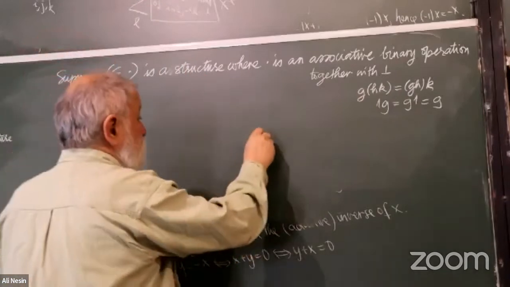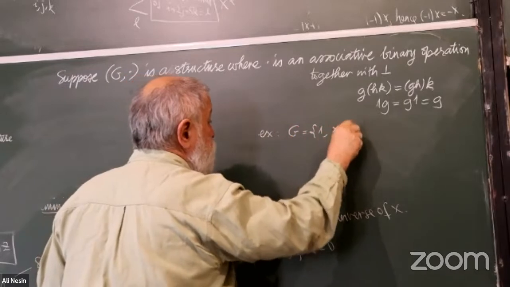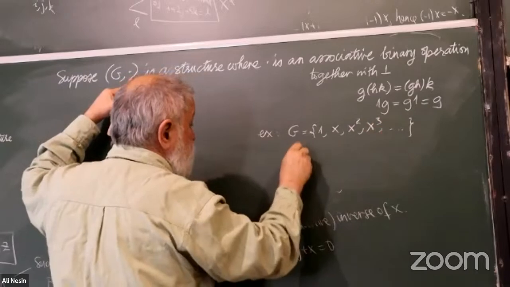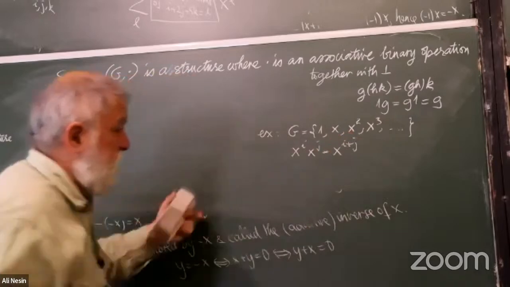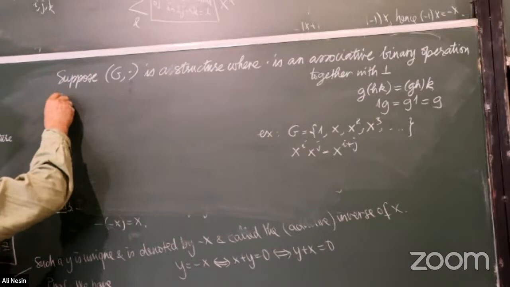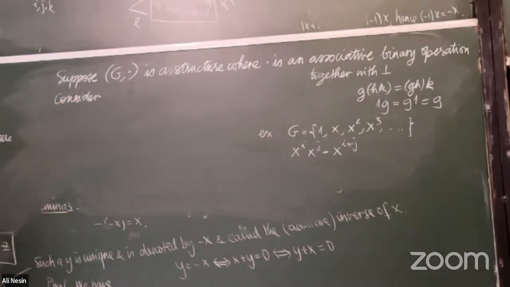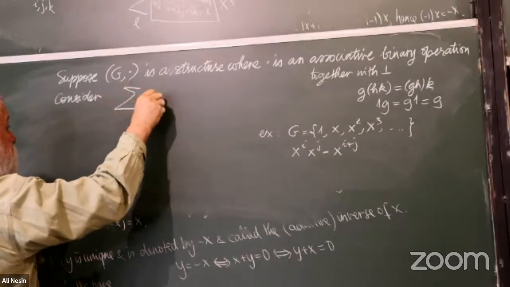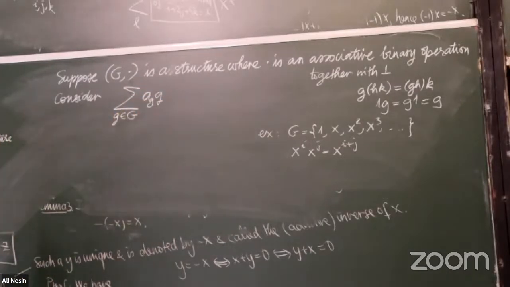Example, I can take G to be 1, x, x squared, x cubed, and so on. And I define multiplication by x to the i times x to the j equal to x to the i plus j. In the case of polynomials, I have these. Now consider the sum of a sub g times g for g in G. You see?